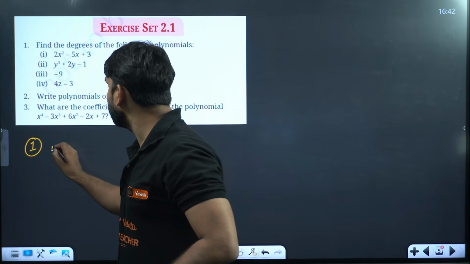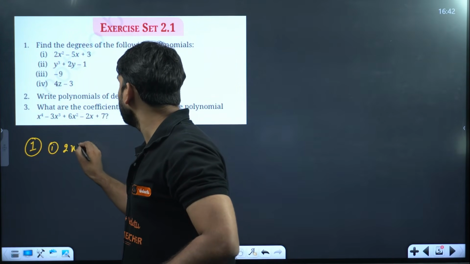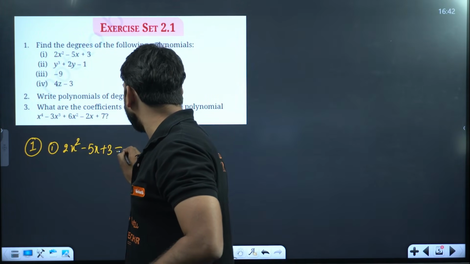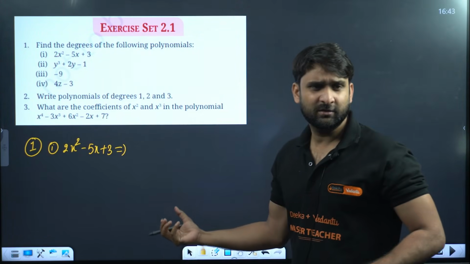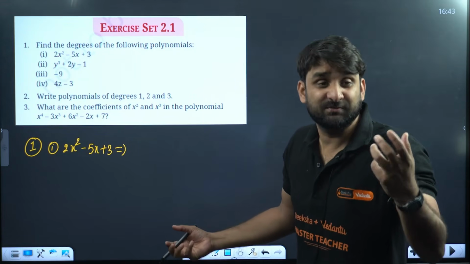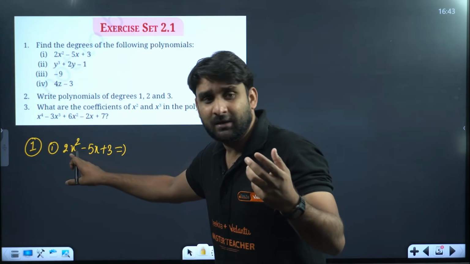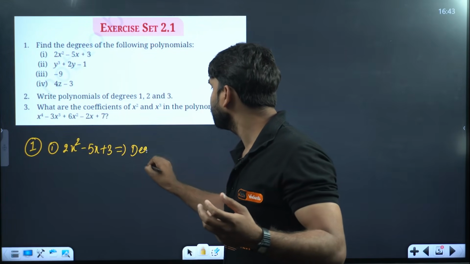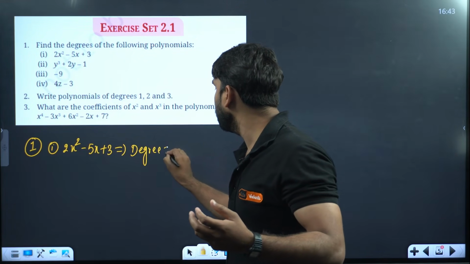So the first question is 2x square minus 5x plus 3. And I've just taught you a few minutes back, degree means highest power, highest exponent. So x is the variable and the highest power is 2, so this will be the degree. So here degree is equal to 2.